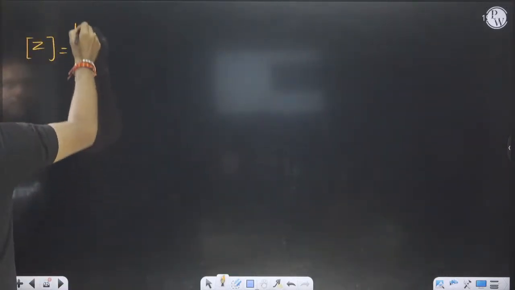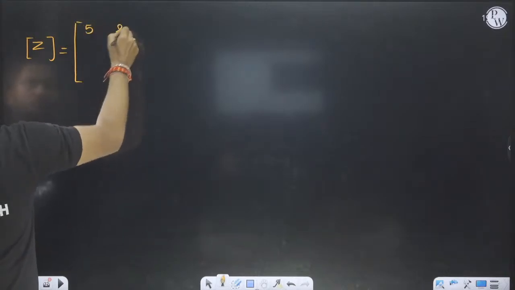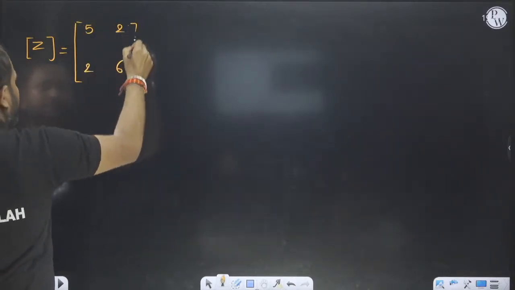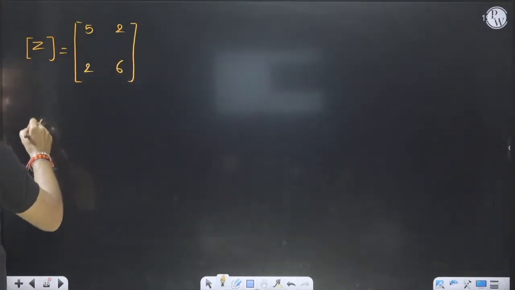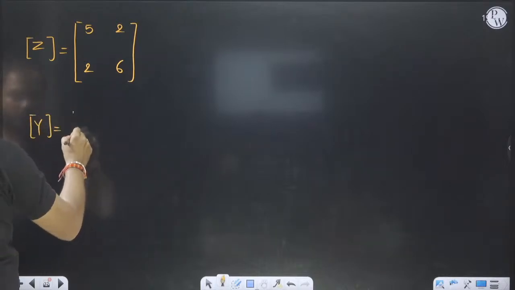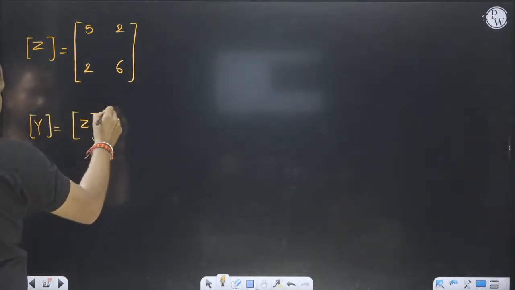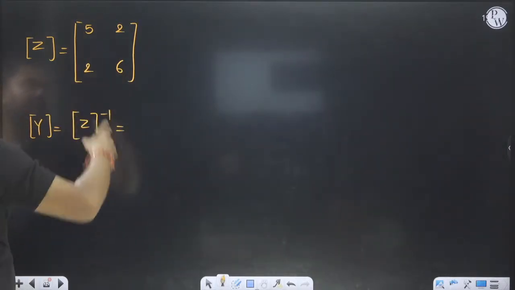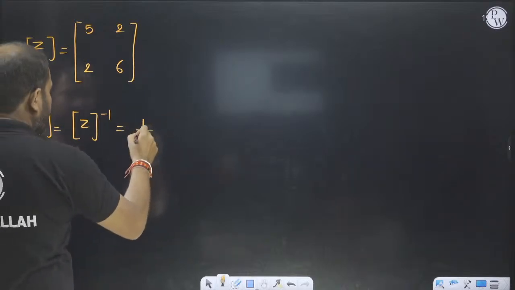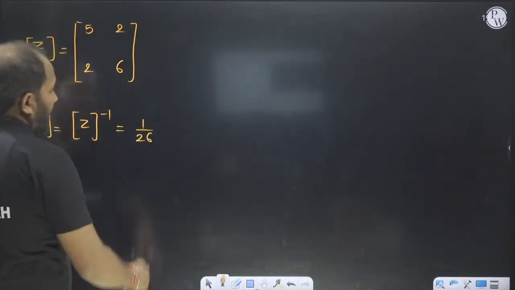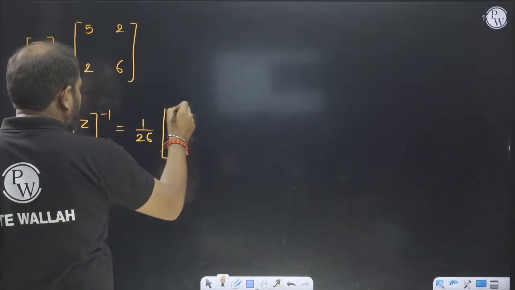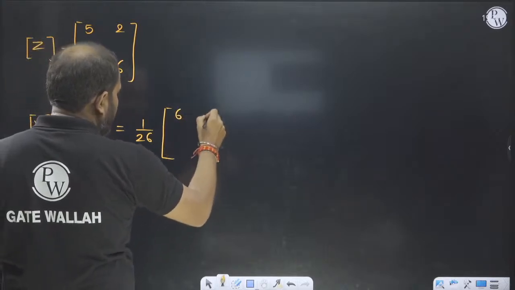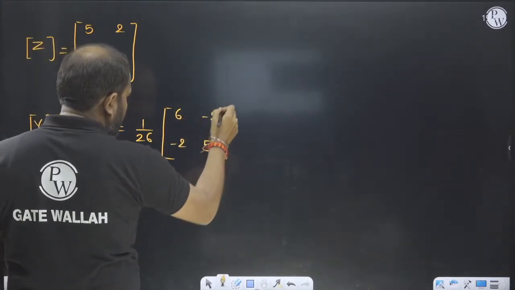So our Z matrix will be 5, 2, 2 and 6. You can find out the Y matrix also, Z inverse. So Z inverse will be 1 by 26 times, 30 minus 4, and it will be swapped: 6, 5, minus 2, minus 2.